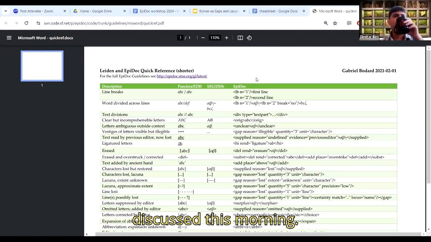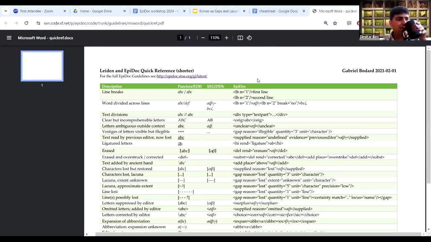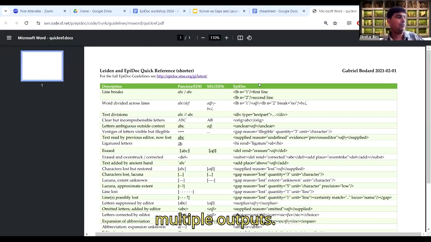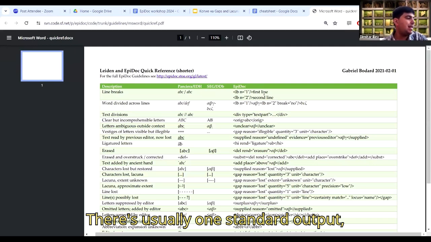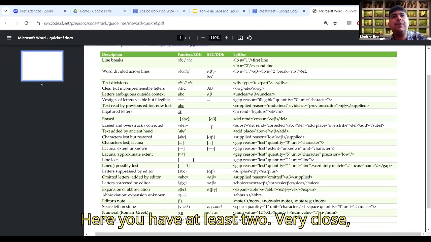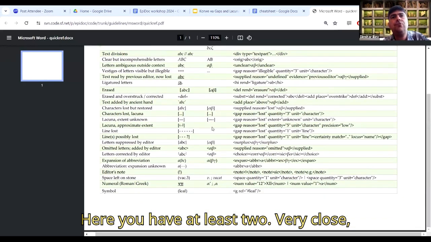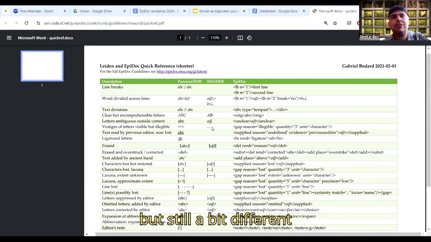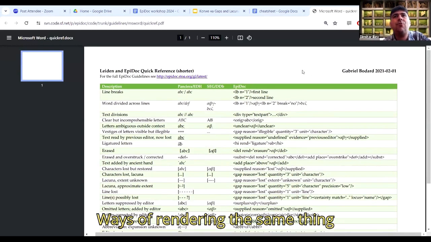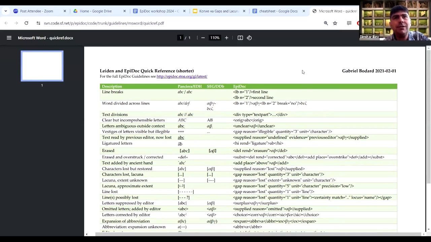As we discussed this morning, one and the same semantic markup can have multiple outputs. There's usually one standard output, but here you have at least two, very close but still a bit different in their details, ways of rendering the same thing.